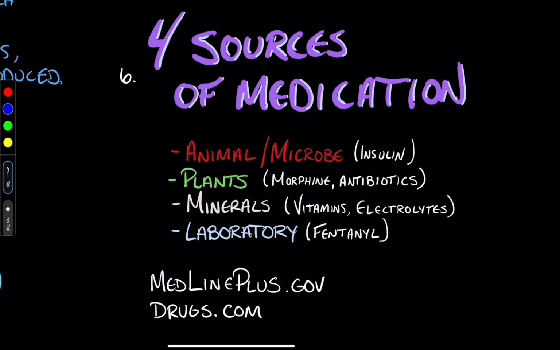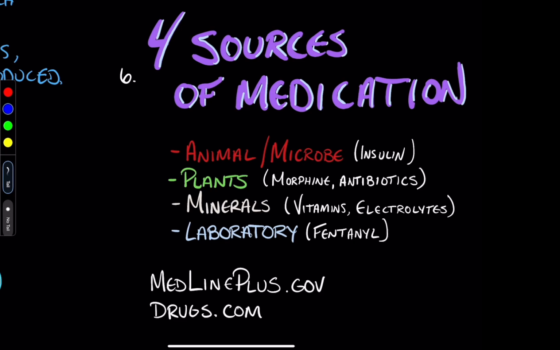A good thing to look up if you're ever looking for information on medications or drugs is something that has a proven source. These two are the ones that typically show up when I'm doing research on medications, like their pharmacokinetics or their duration.